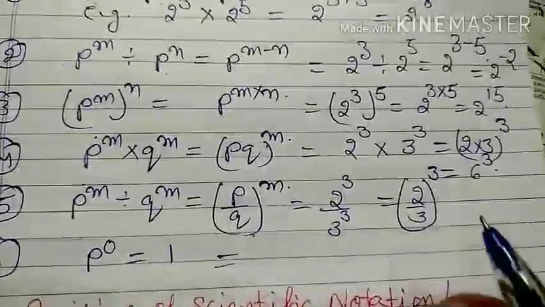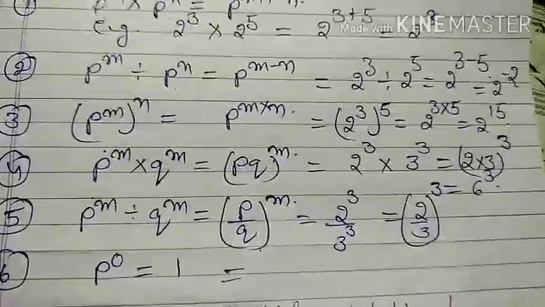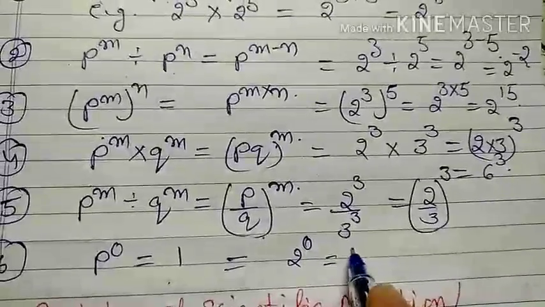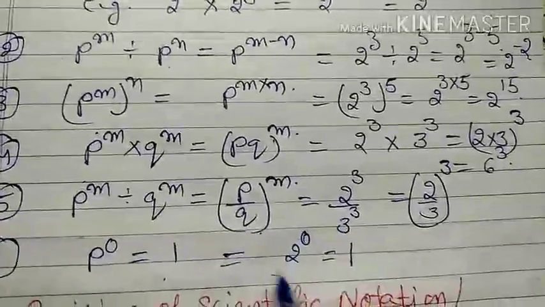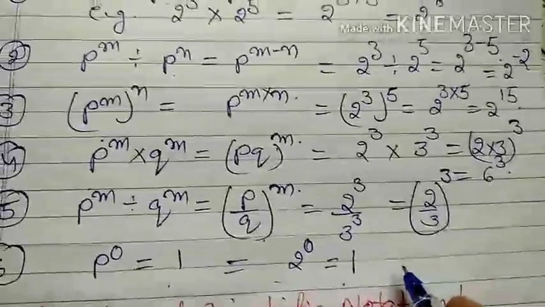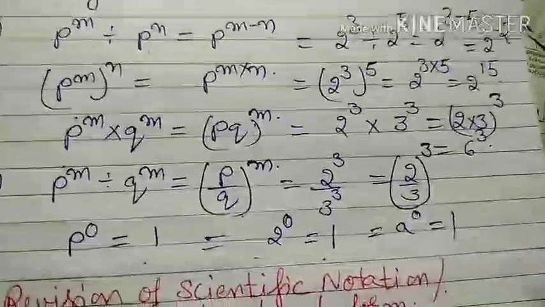And if any term has power 0, whether it is a negative term or a positive term, that is equal to 1. Like 2 raised to power 0 is equal to 1. Why do we write 2 raised to power 0 is equal to 1? It's not only 2, it's any number. It can be a raised to power 0 is equal to 1 also.